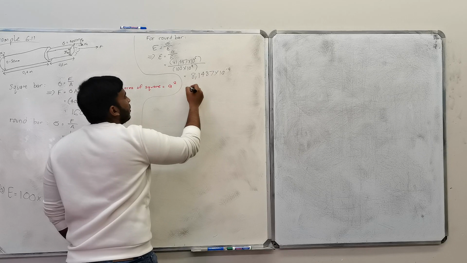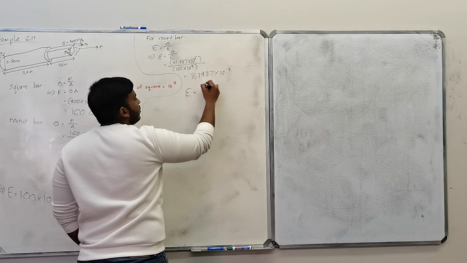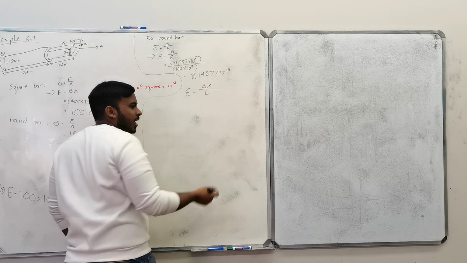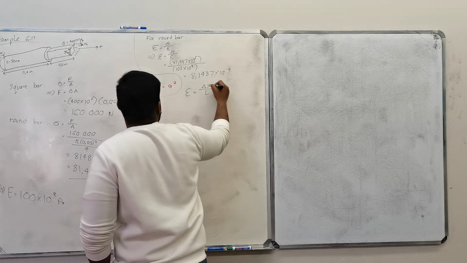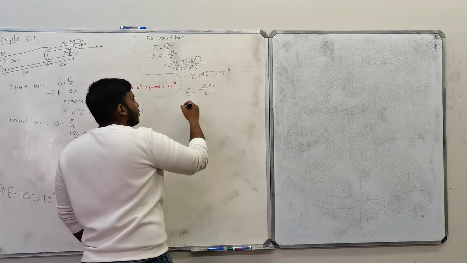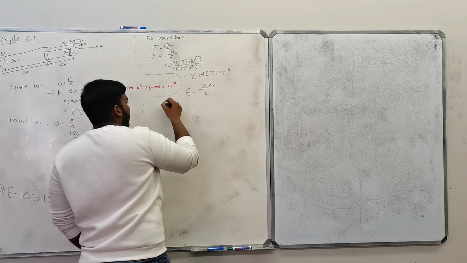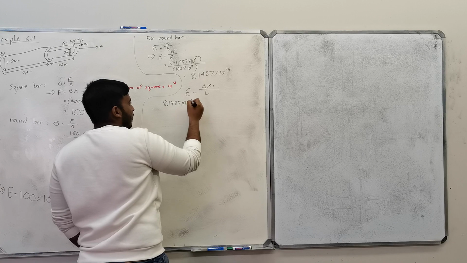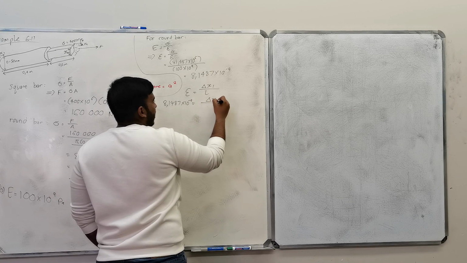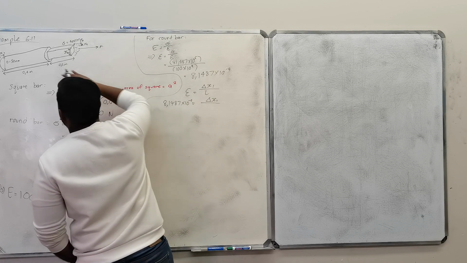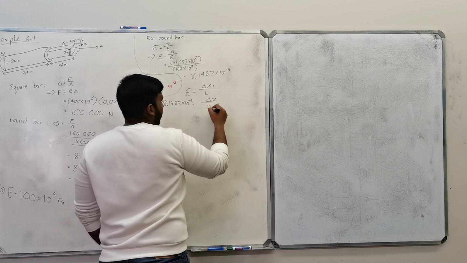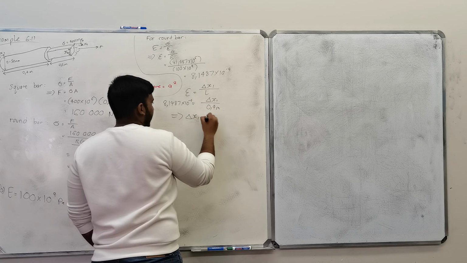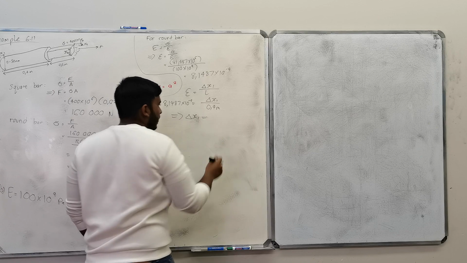That's the strain. So strain is equal to your change in length over your original length. I'm going to call this change in length 1 because I've got it labeled that. So it's going to be 8.1487 times 10 to the minus 4 times the change in length over the original length, which would have been 0.4 meters.